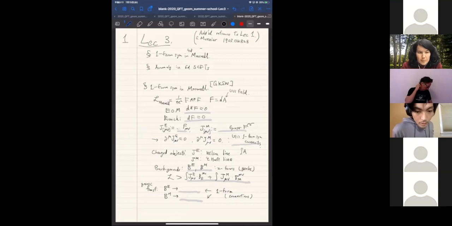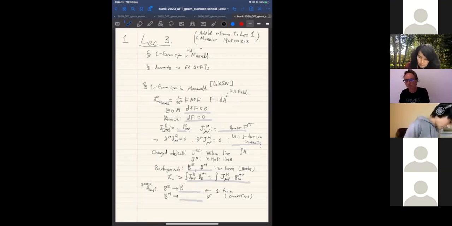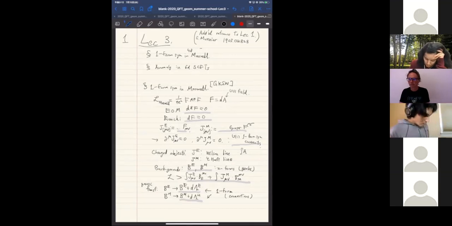Okay, so this is a background, and the natural extension of the usual gauge transformation to the zero form symmetry background is this. Here these capital lambdas are one forms, so they have one index already.